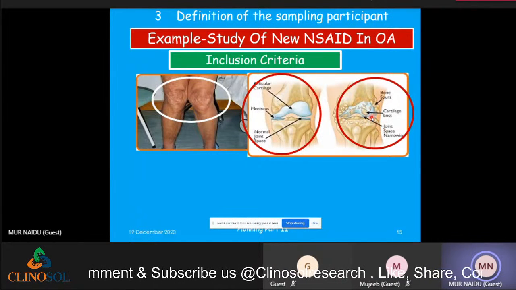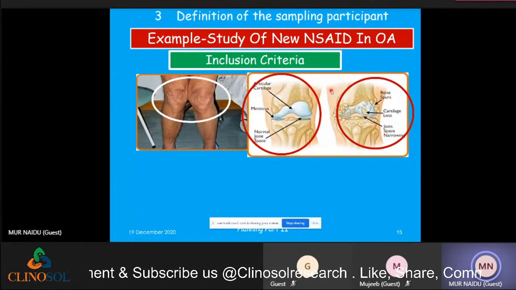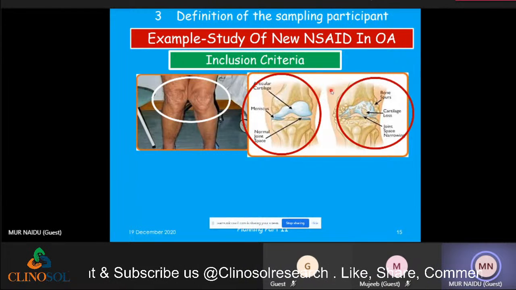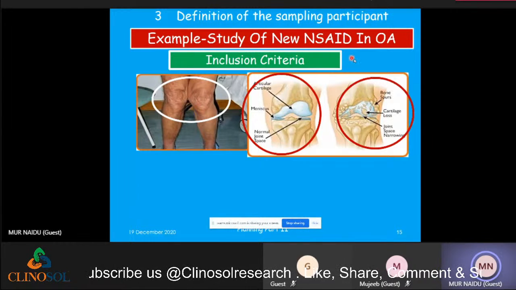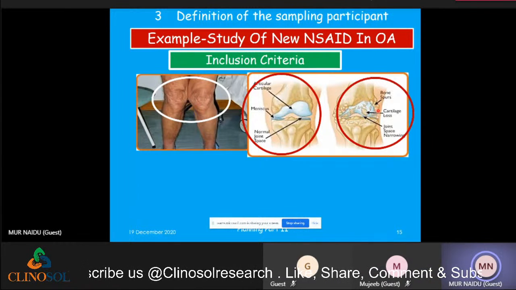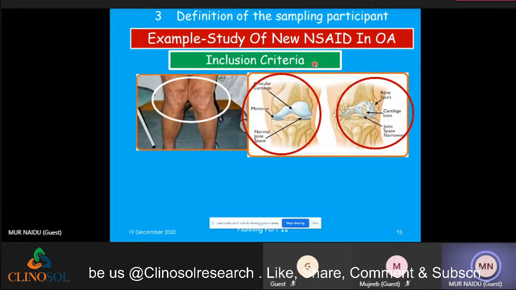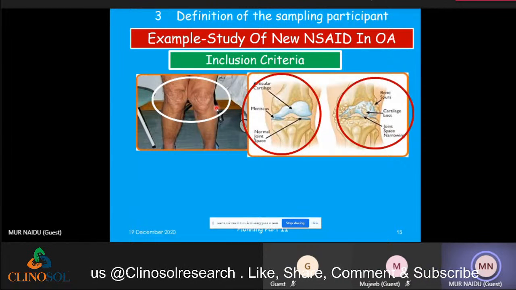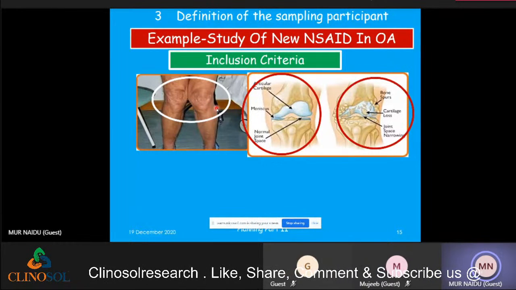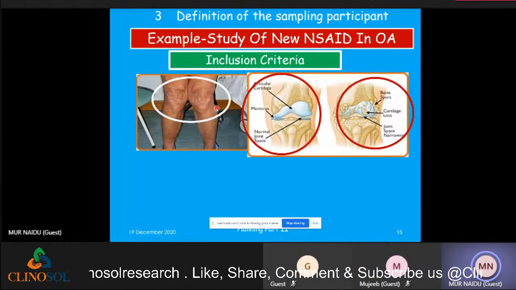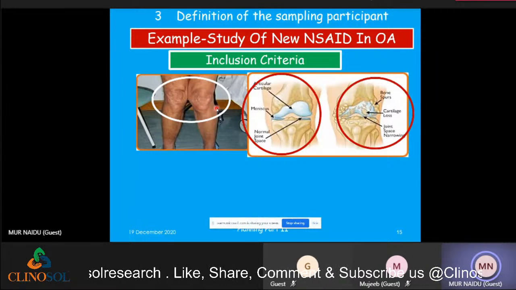So this is diagnostic. Once I do the X-ray, it becomes a very important investigation for me to include patients into the clinical trial. So all my patients having this will be included into the trial, along with the swelling and other criteria which I have already told: that they should be more than 50 years, there should be morning stiffness, and so on.